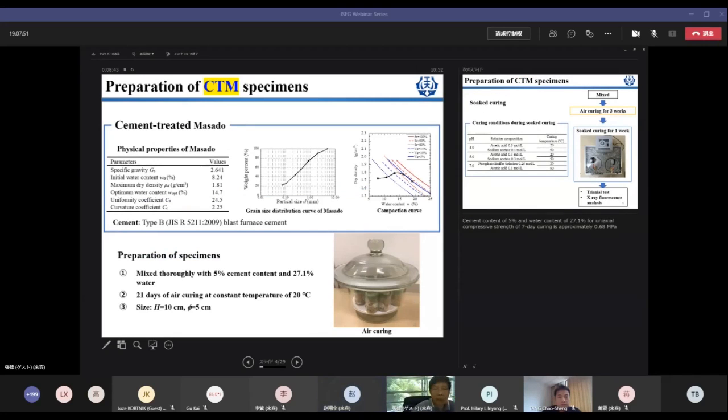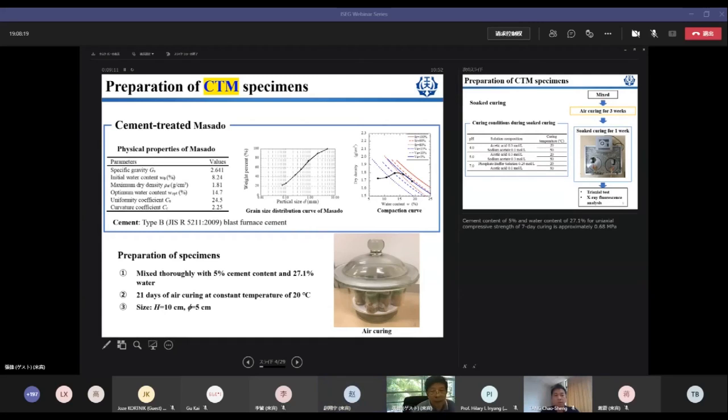So this is the grain size distribution curve of the Masado. We call the completely decomposed granite Masado. It is a standard Japanese term. And we also use the cement treated Masado with 5% of cement, because later I will show you the content of the cement will greatly change the mechanical behavior of treated soils.